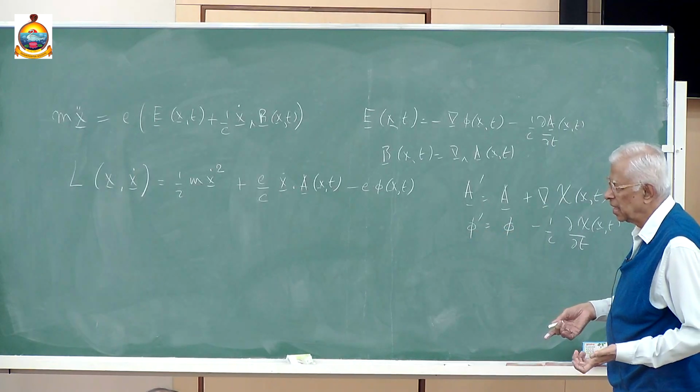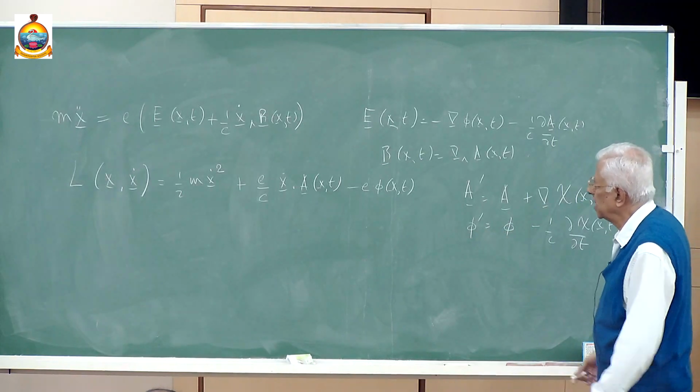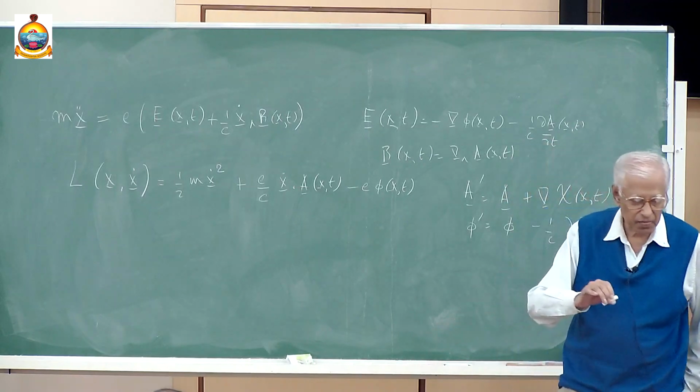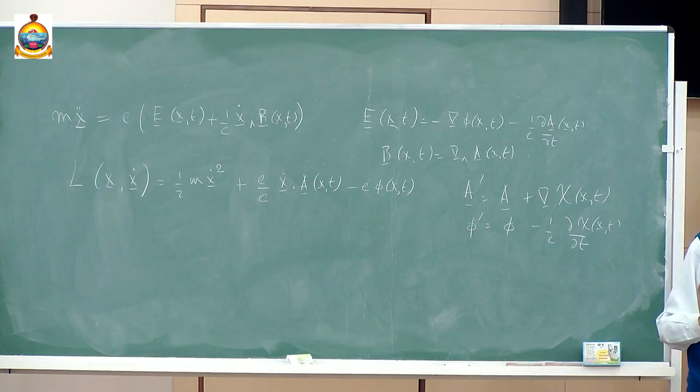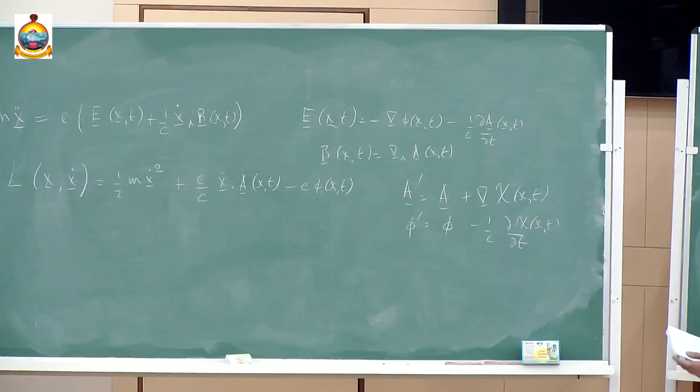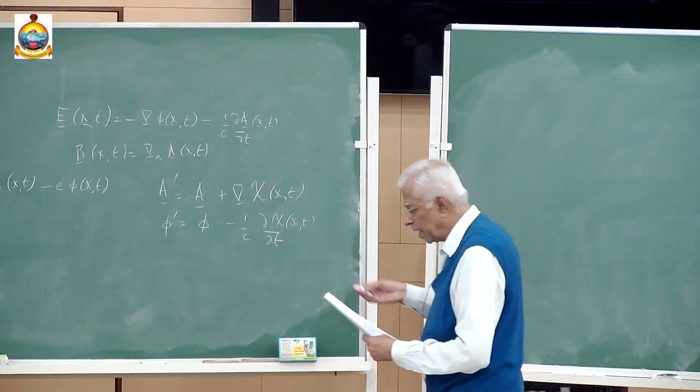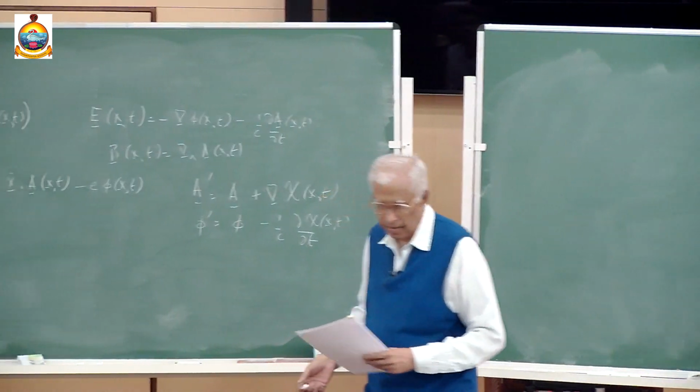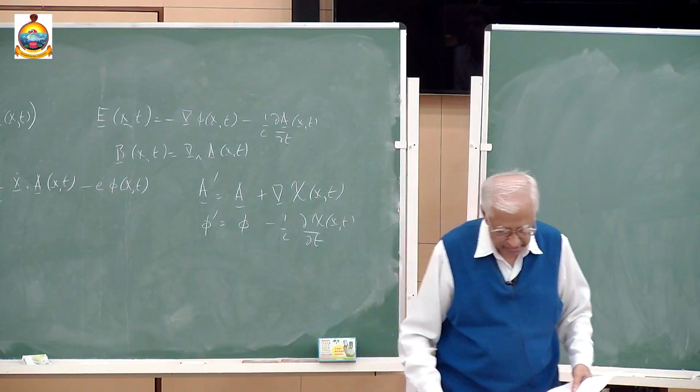How does the Lagrangian change? And even though the Lagrangian changes, why is it that the corresponding equation of motion does not change? So, these are very elementary exercises. I will leave them to you to work through. They are discussed in these notes. So, you can try first on your own and then go to the notes if necessary.